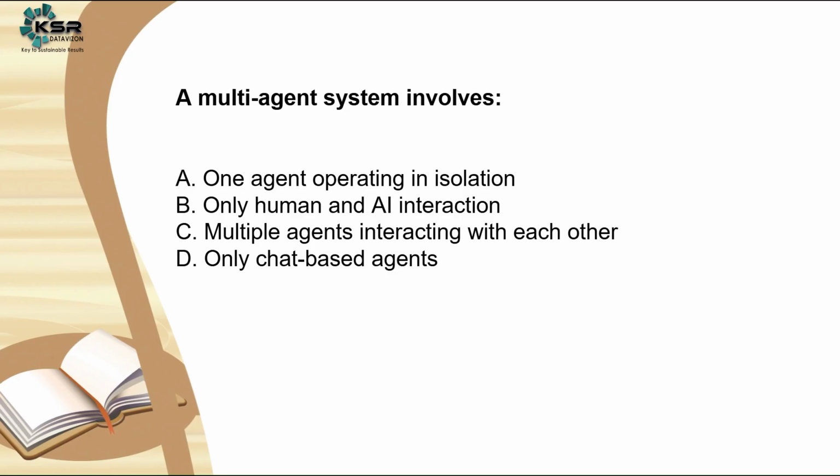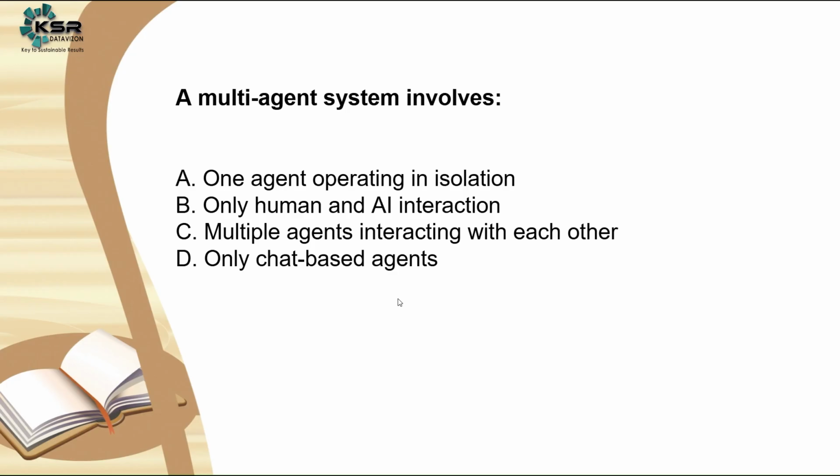In the use case which you have implemented, finally I'm getting the final response. In between, one AI agent passes the output to another AI agent, right? So multiple agents interacting with each other is what a multi-agent system involves.